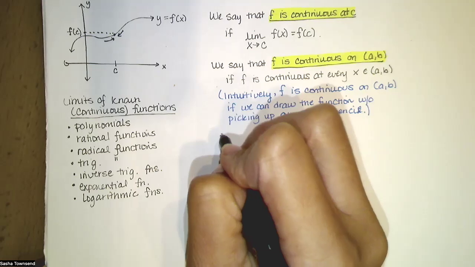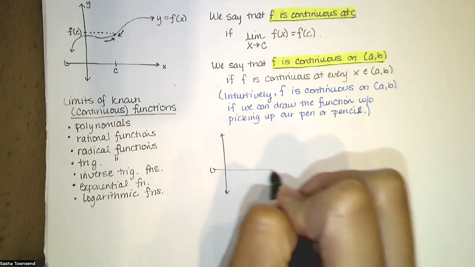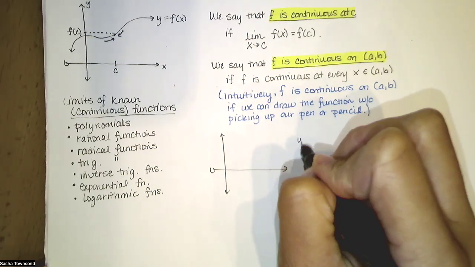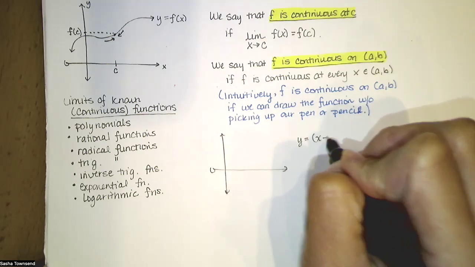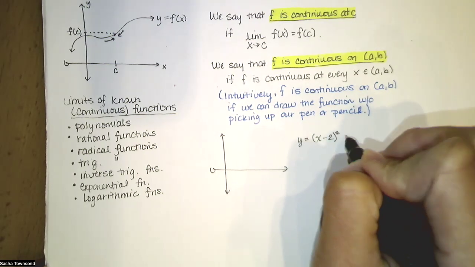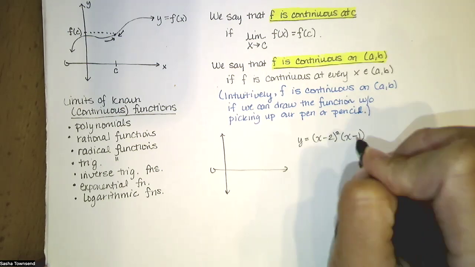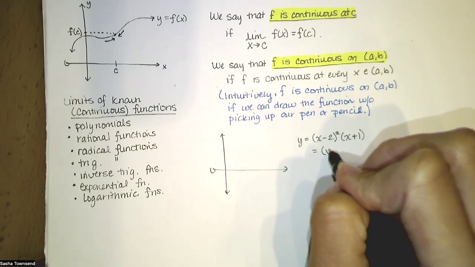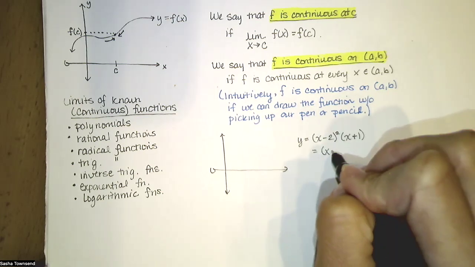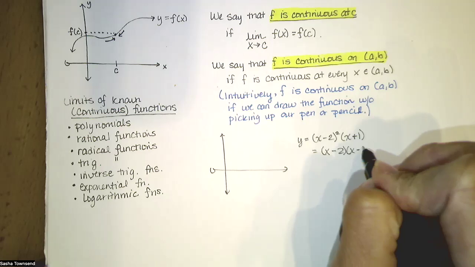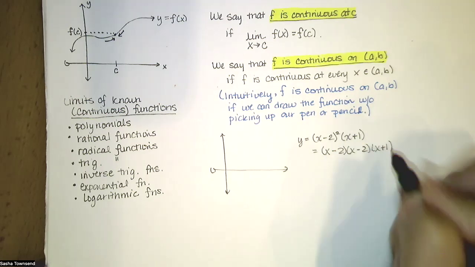So for example, if I draw a polynomial, let's say we have y equals x minus 2 squared times x plus 1. If we distribute that, it's x minus 2 times x minus 2 times x plus 1.